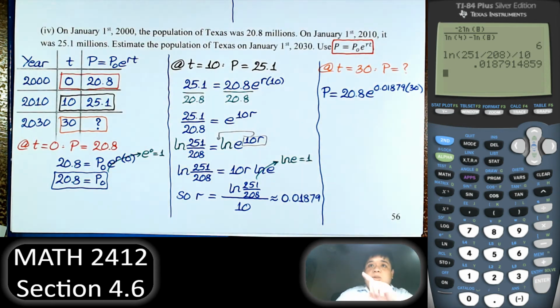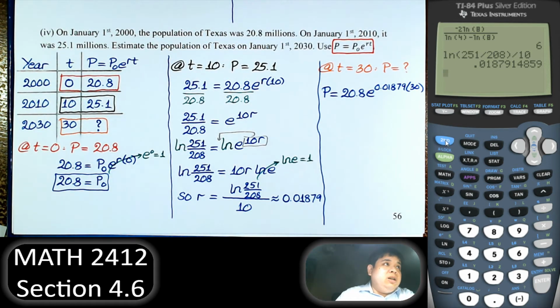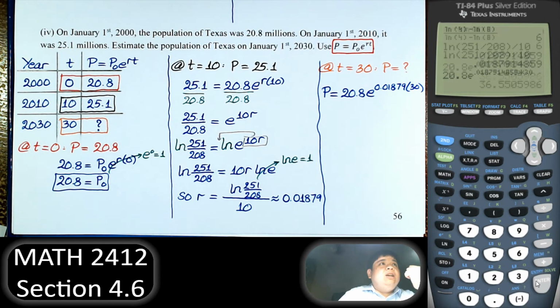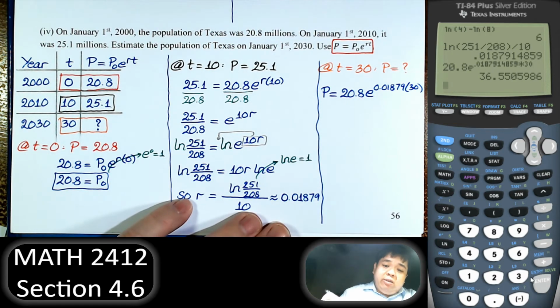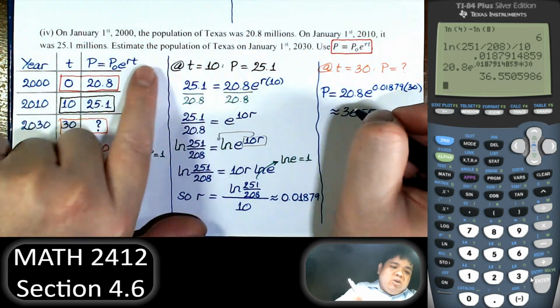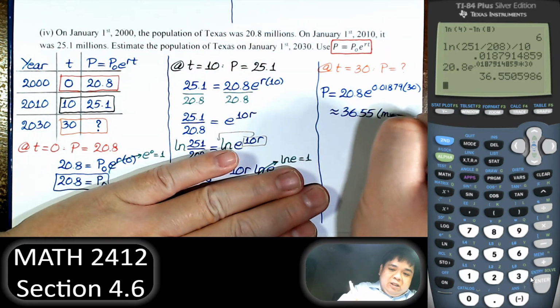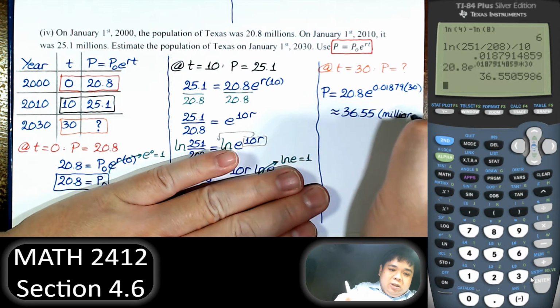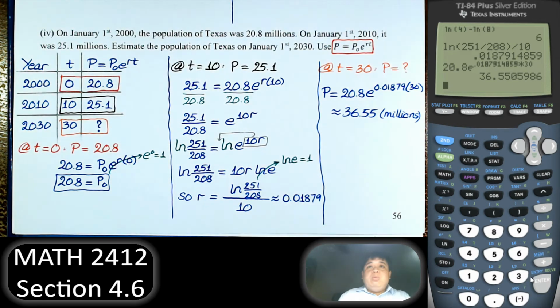So I will use the whole number, not the rounded numbers here. 20.8 times e to the power, I just copy that number, paste, and then times 30, and we have 36.55, and originally it was in millions, so it looks reasonable.